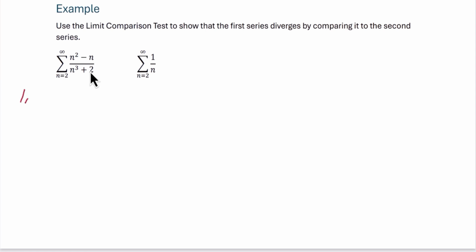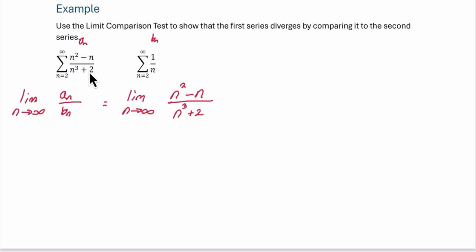So, limits as n is approaching infinity, and we'll call this piece a sub n and this part b sub n. A sub n divided by b sub n. That is the limit as n approaches infinity of n squared minus n divided by n cubed plus 2.